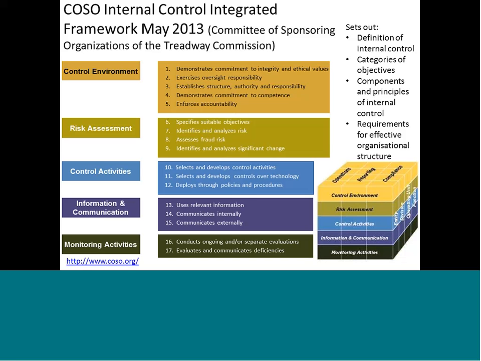And this commission was brought together to try and come up with some principles. And over the years since 1985, what we're looking at now is the May 2013 version of COSO, which has got 17 principles.